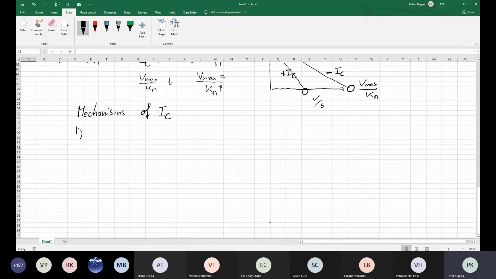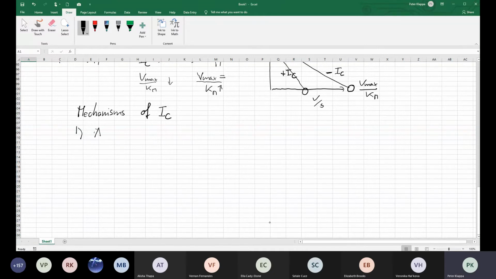When can a competitive inhibitor sort of compete with the substrate? What are the conditions for a competitive inhibitor to compete with the substrate? Lovely. Thank you very much. It binds to the active site.